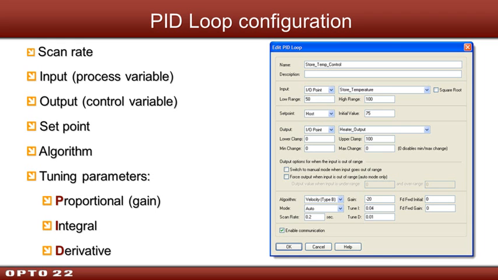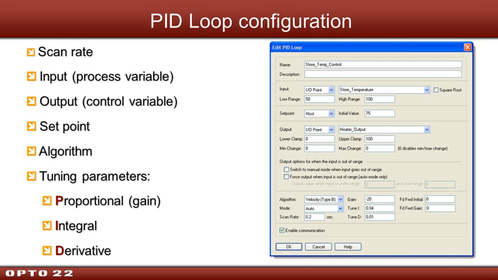We want to look at the set point, what you want the process to be at, which algorithm you're going to use in order to maintain that, and of course the tuning parameters themselves: proportional, which is often called gain, integral and derivative.